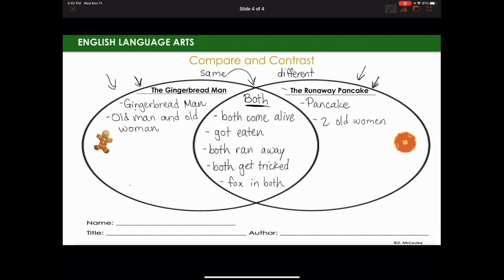Who was the gingerbread man eaten by? He was eaten by a fox, wasn't he? I'm going to say eaten and tricked by a fox. And then the runaway pancake, who was he eaten by? He was eaten and tricked by the pig.